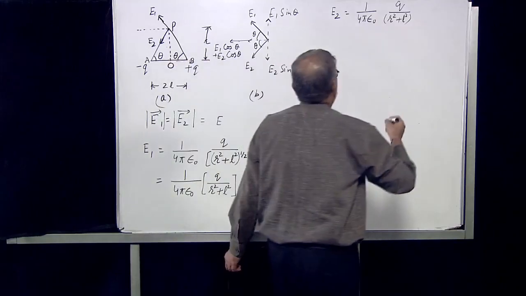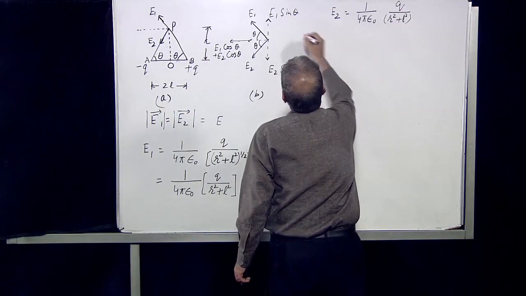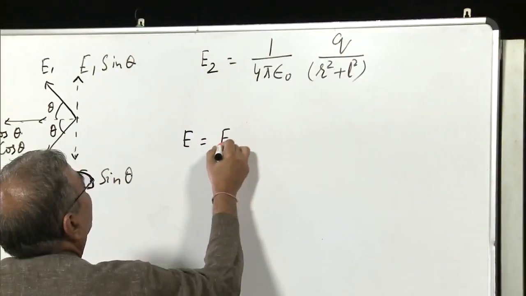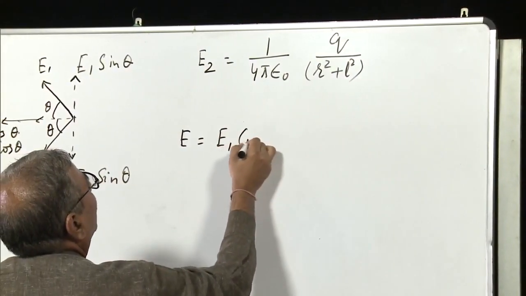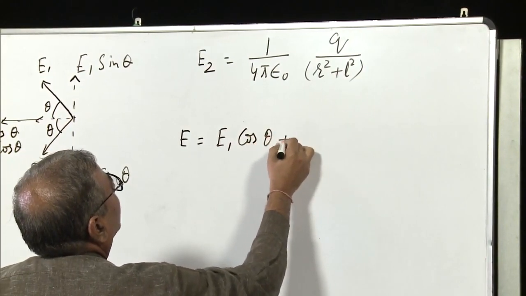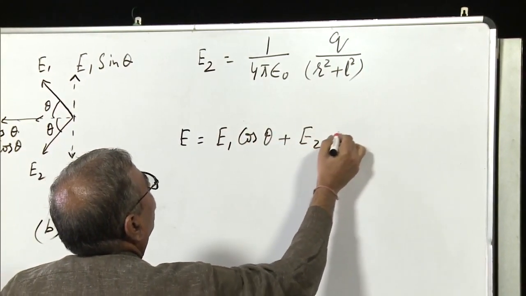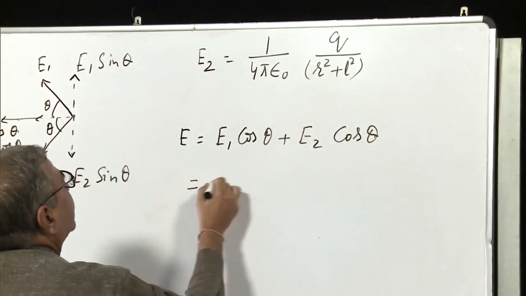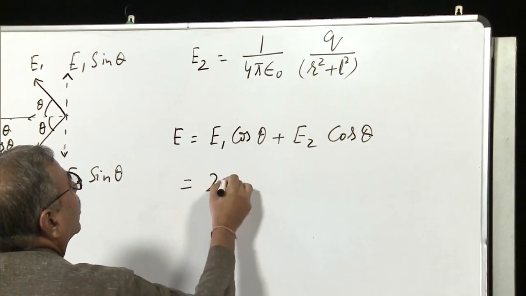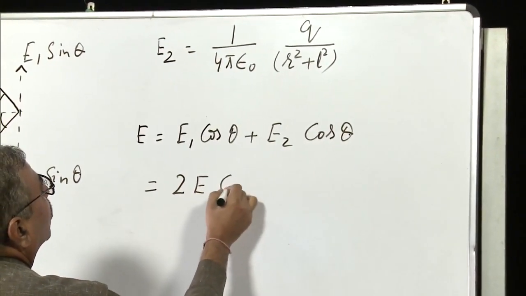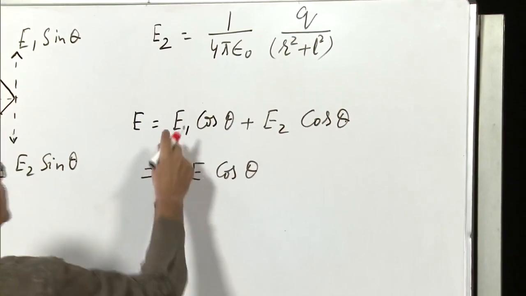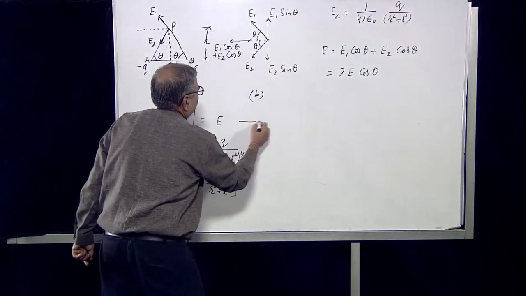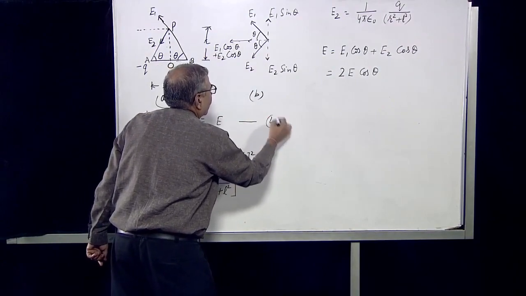Now, net electric field E will be equal to E1 cos theta plus E2 cos theta. It will be simply 2E cos theta, because E1 and E2 both are equal, which I have already written here in equation 4.